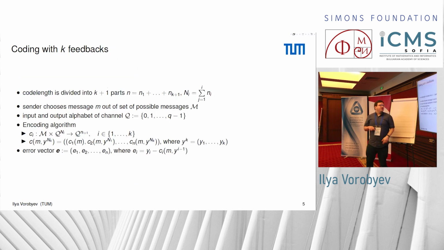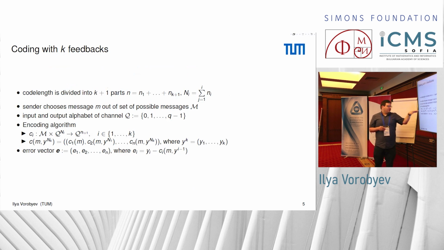We can also consider coding with K instances of feedback. It just means that the code length is divided into K plus 1 parts, and we also need to send one message.